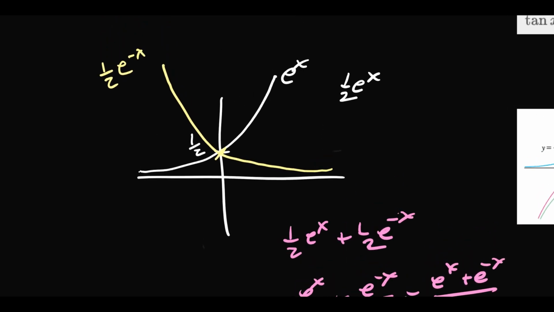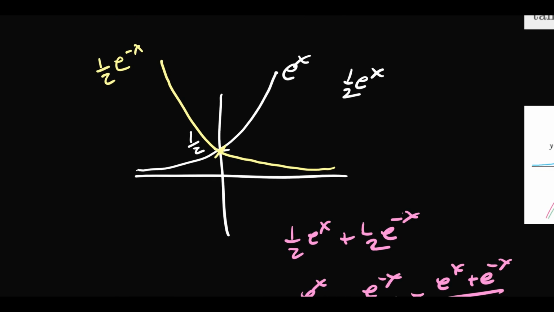If you add these points point-wise, 1/2 plus 1/2 will give you 1 there. If you add them all, you'll get a function that looks kind of like this, and that is hyperbolic cosine of x.